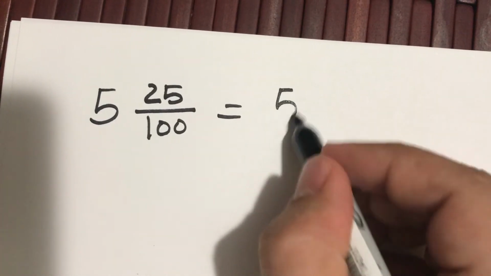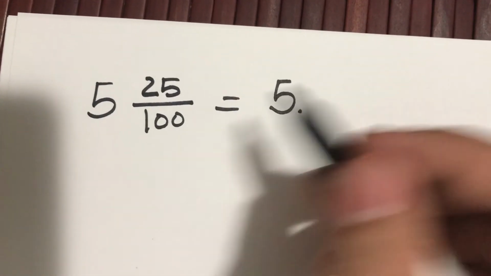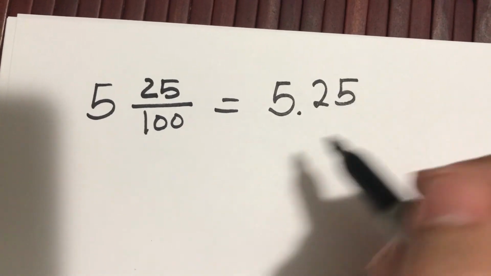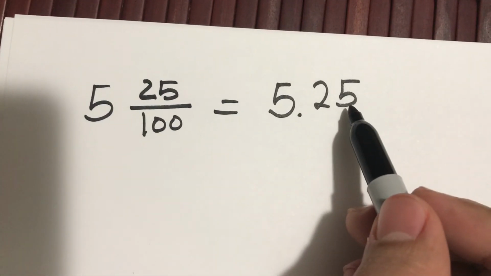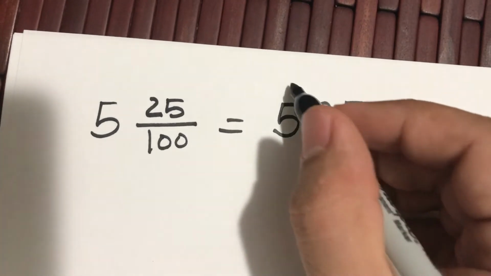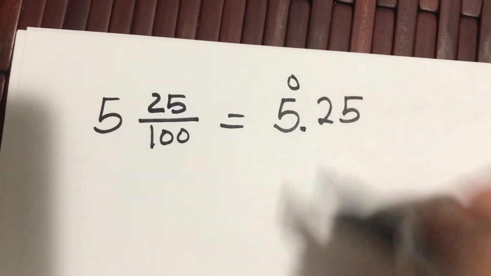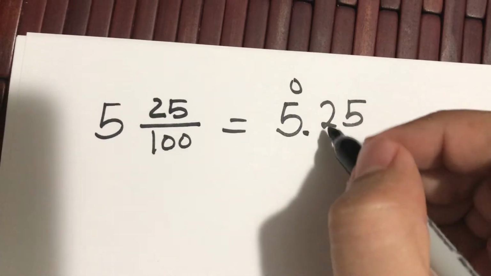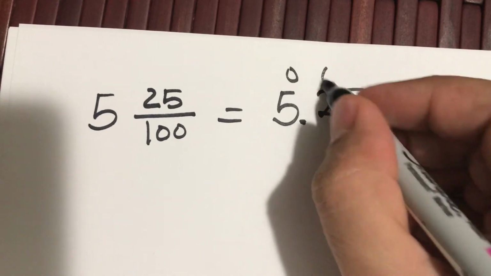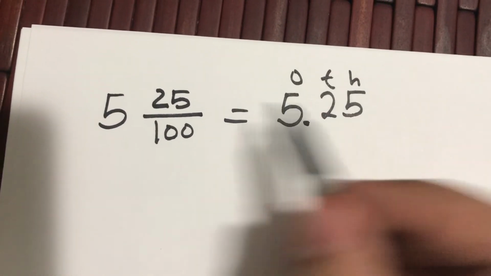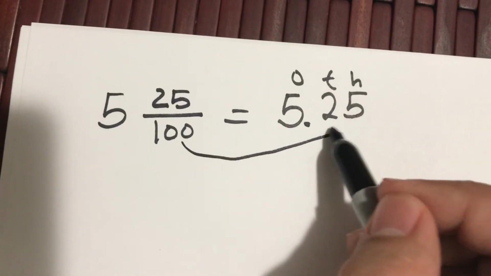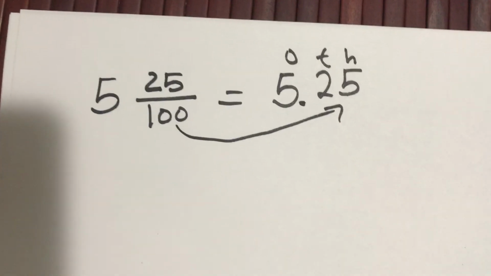So we have 5, and we know we have 25 out of 100, so let's make sure that our last digit ends up in the hundredths place. Our first one would be the ones because of the decimal being there, the placement. Then we have the 2, which is tenths, and 5 hundredths. Okay, so 5 and 25 hundredths.